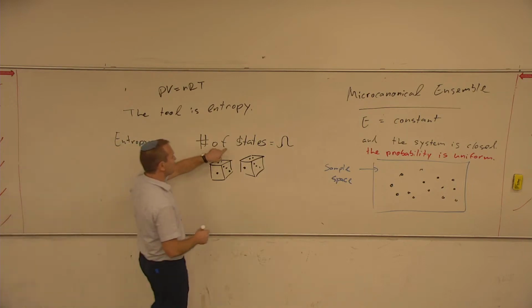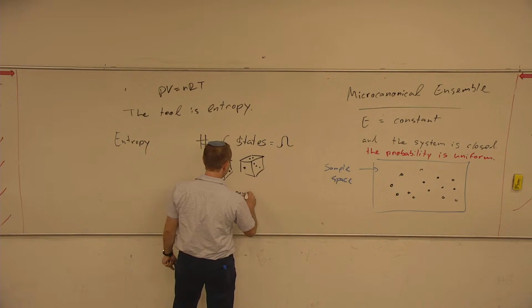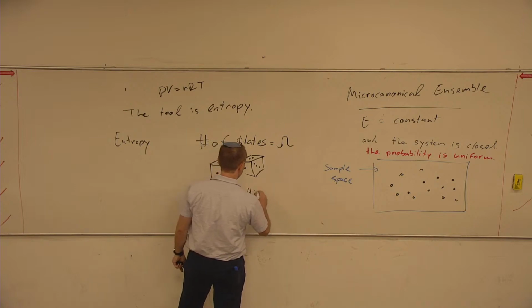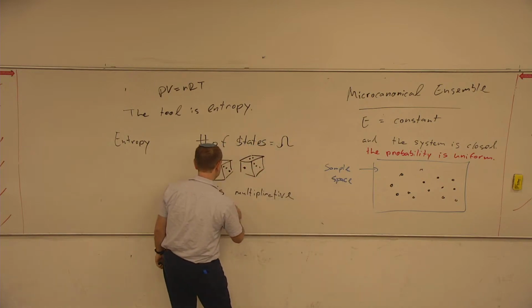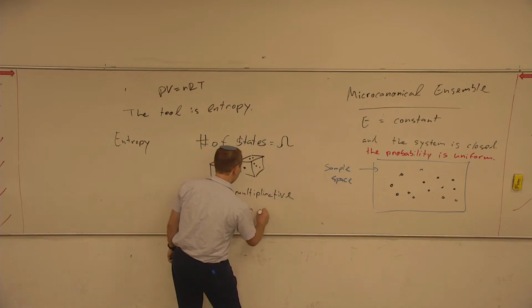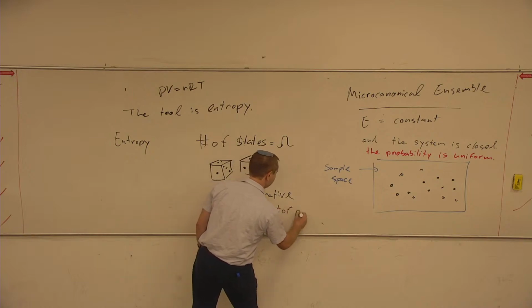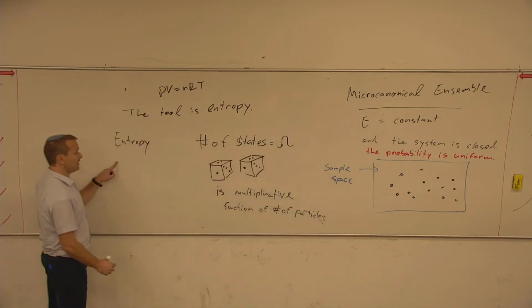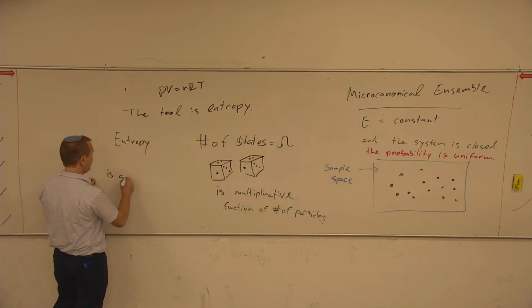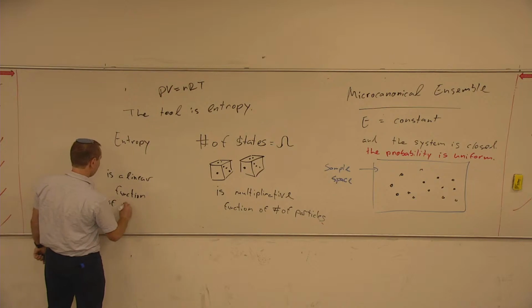Okay, so the number of states in the system is a multiplicative function of the number of particles. But the entropy is a linear function of the number of particles.